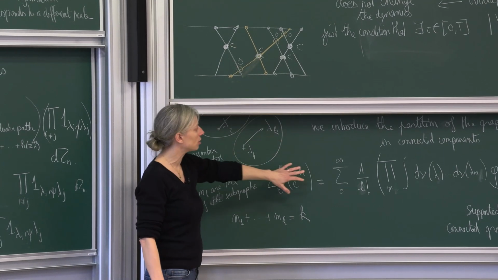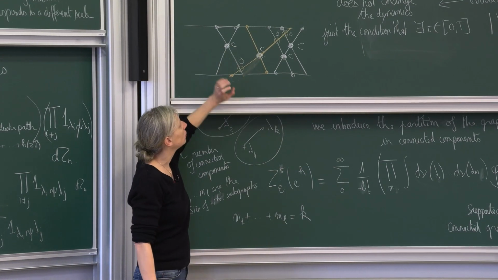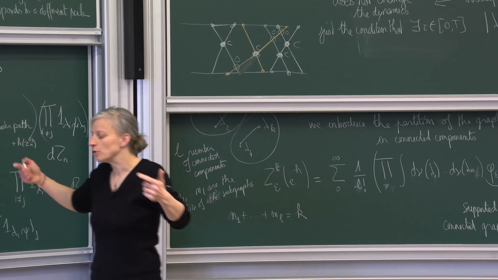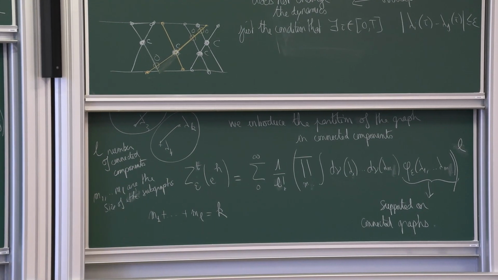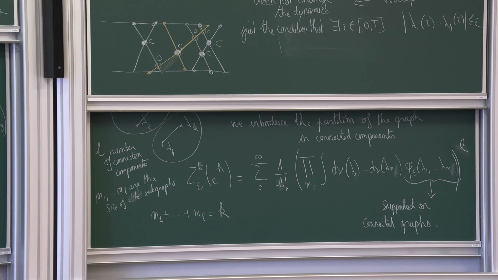So this really corresponds to this structure here, that you have now 2 reasons why you can be in the same connected component. Either you are connected by collision or you are connected by overlap.